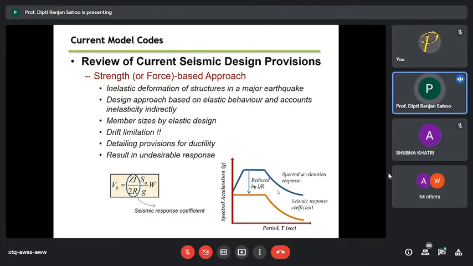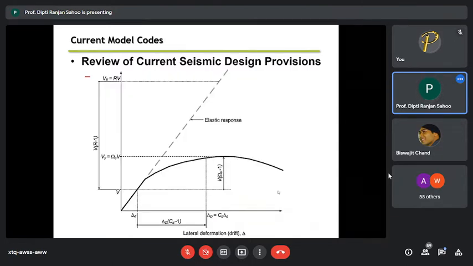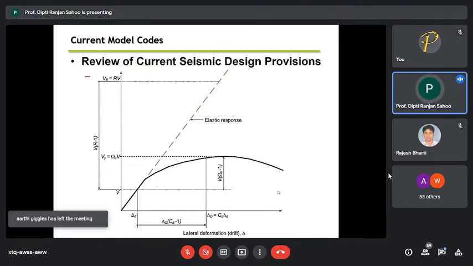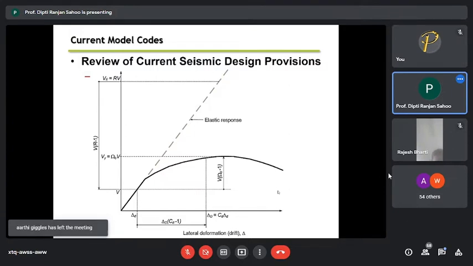Now, how do you ensure that your strong column, weak beam philosophy will be satisfied when there is an earthquake? How do you ensure that there will be no collapse? So, is there a guarantee that the current provisions which we are following for seismic design are good enough?